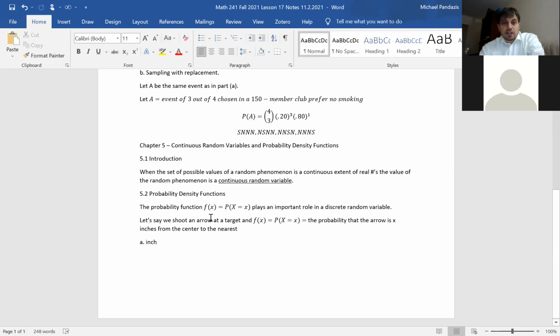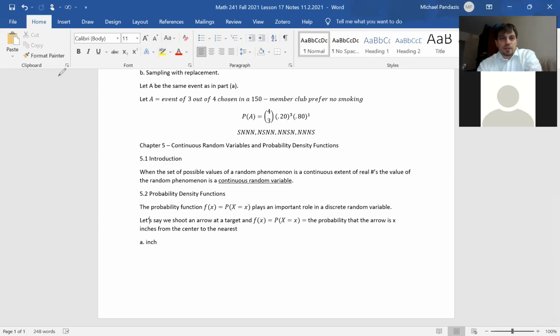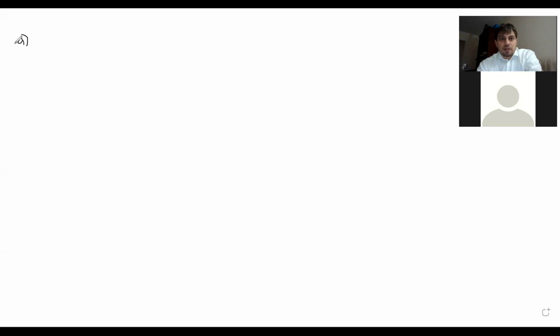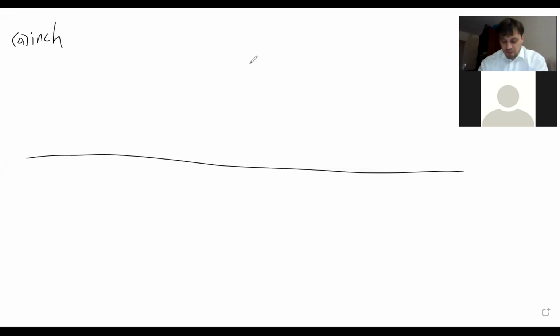So let's say you have that situation. On the whiteboard, for part A, we're rounding to the nearest inch, and let's say you draw the probability histogram for this situation. A probability histogram looks like a bar chart because it has bars, but we had an example of one in another lesson.